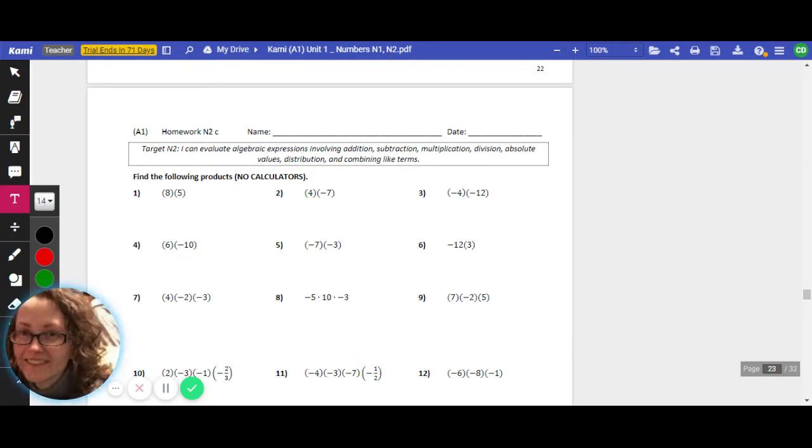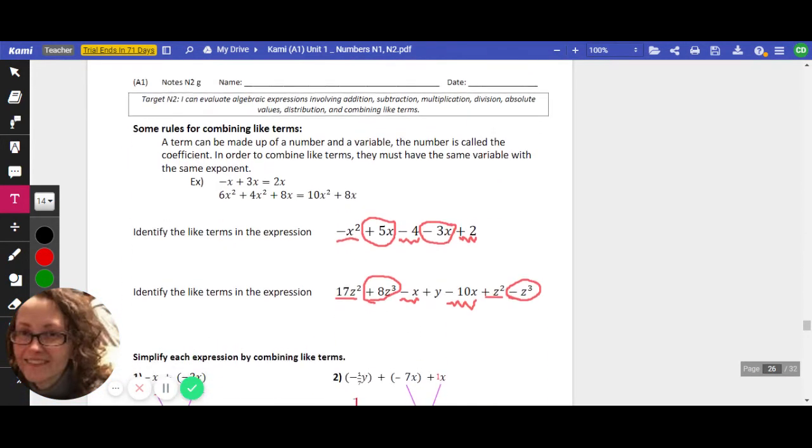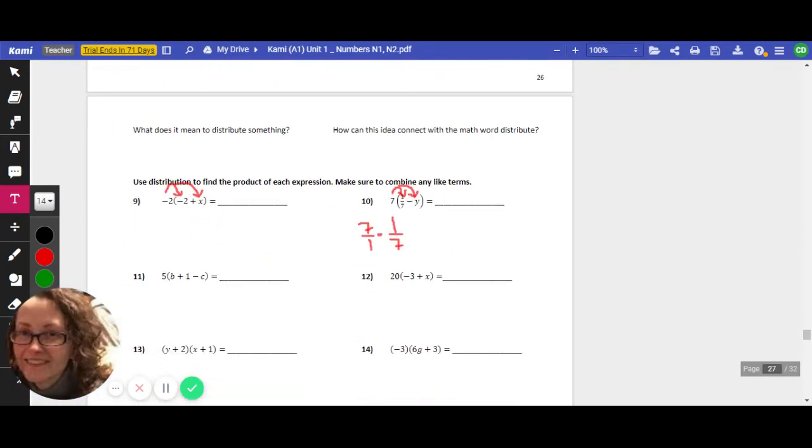Just like we did here, where the parentheses are right next to each other, or I have a number, parentheses, something inside parentheses, that parenthesis is going to indicate multiplication. So I have the same thing here, where I have -2 times the stuff in the parentheses. So I want to go ahead and take that -2 times -2.